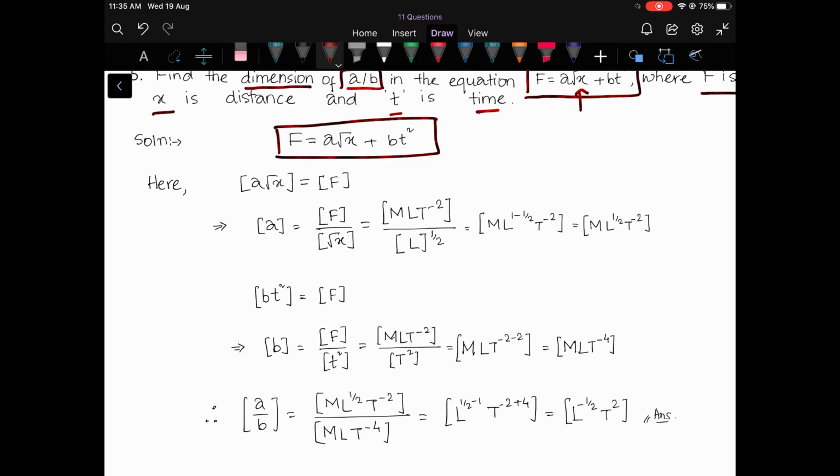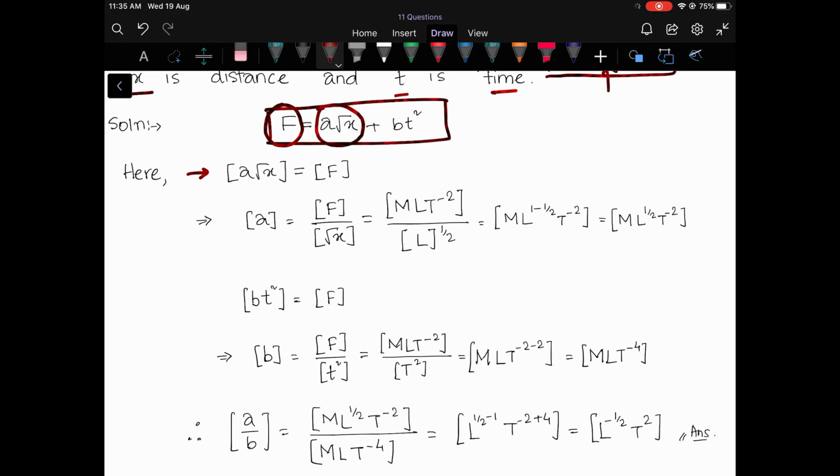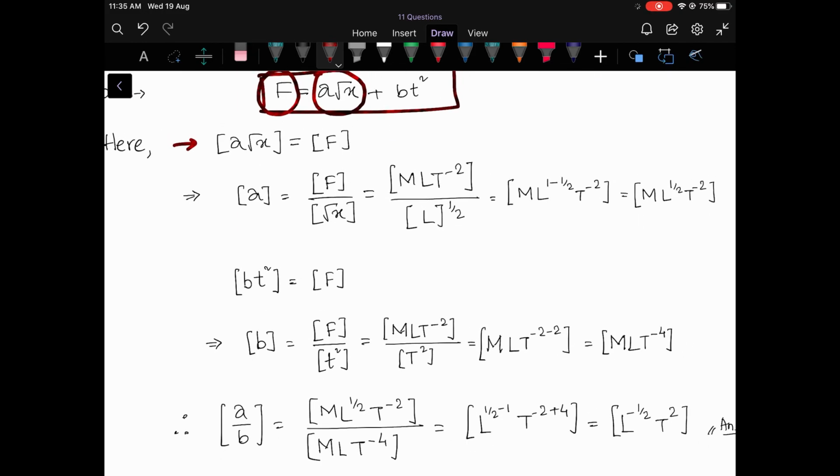That's why we have written this term here should have the same dimension as that of force. So we have written that dimension of A root X is equal to dimension of F, and then from here we can write dimension of A must be equal to dimension of force divided by dimension of root X.